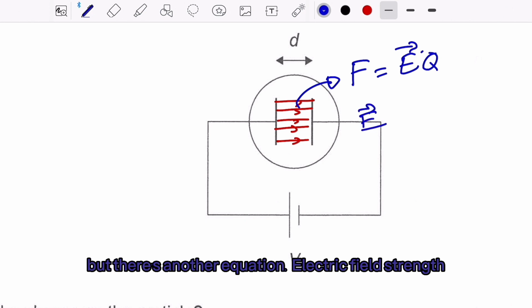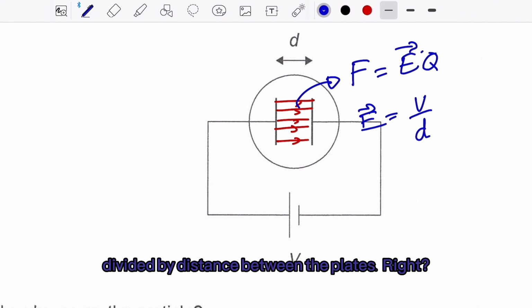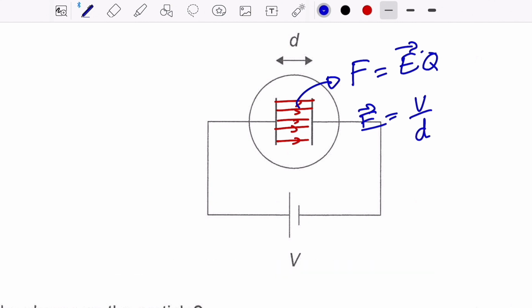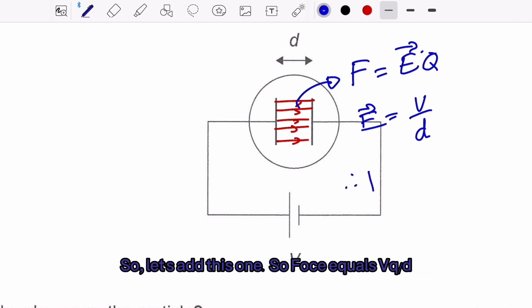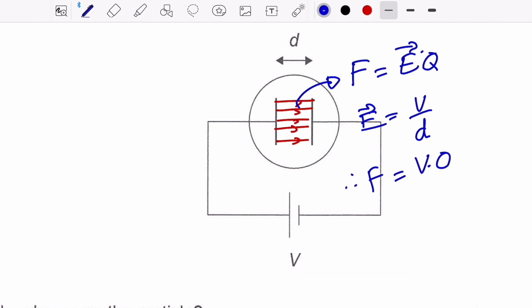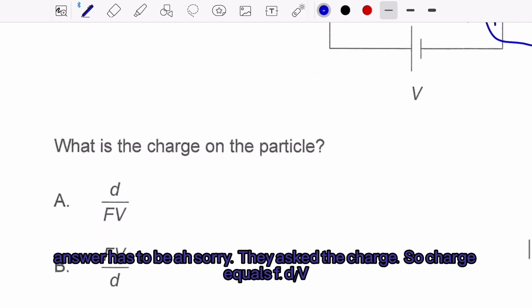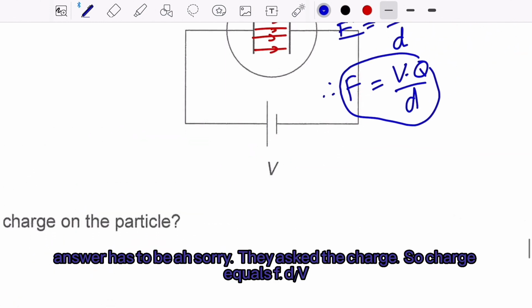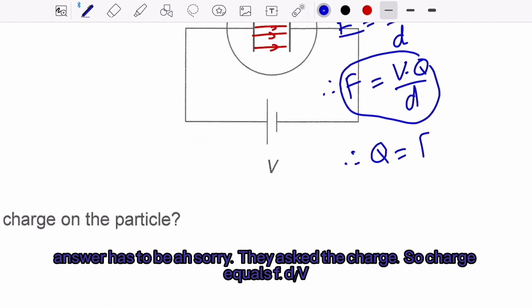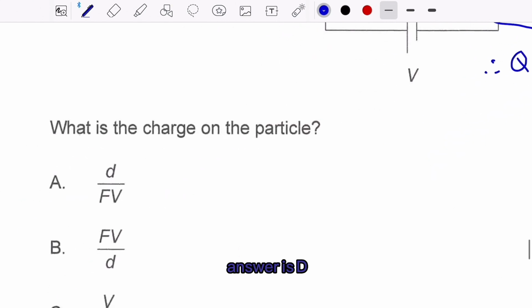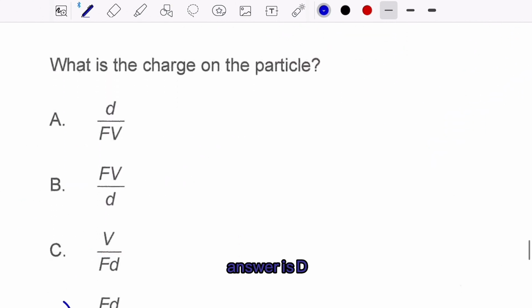Electric field strength is potential difference divided by distance between the plates, right? So let's add this one. So force equals VQ over d. This is a straightforward question. They asked for the charge. So charge equals Fd over V. Answer is D.